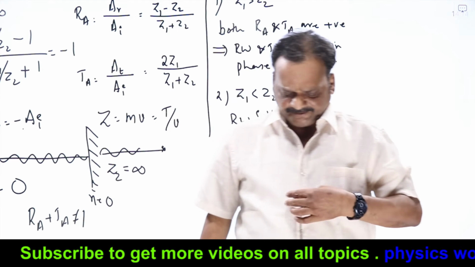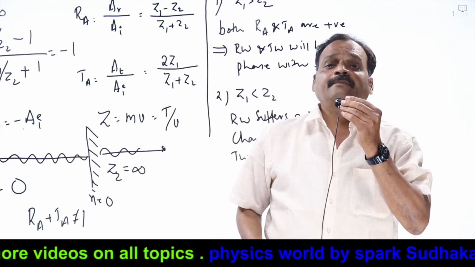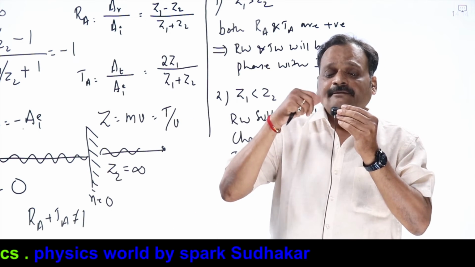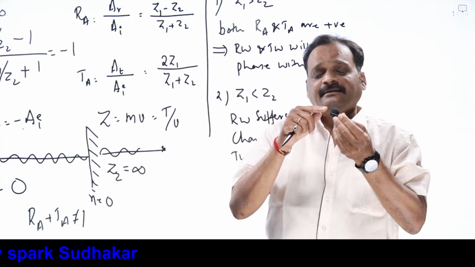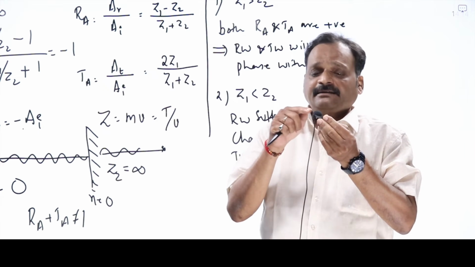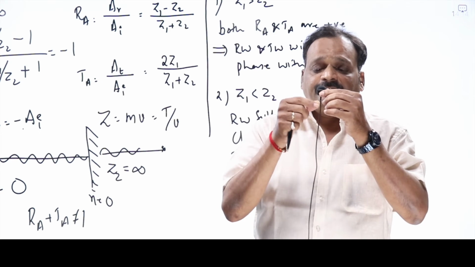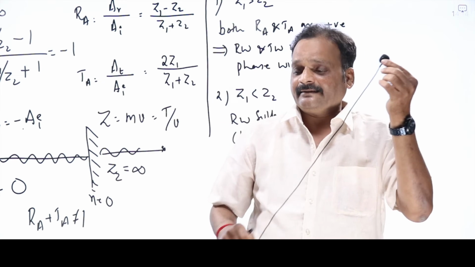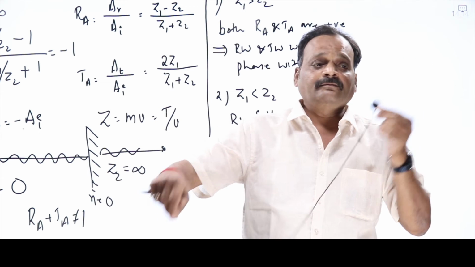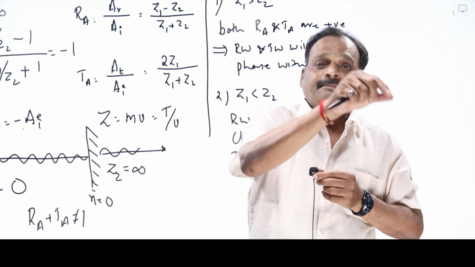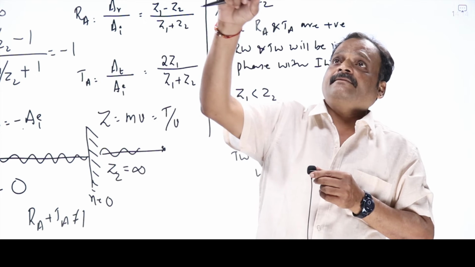Here also, I'm speaking into this microphone. Whatever my voice vibrations are, whether this is a capacitive microphone or a resistive microphone, it converts my audio signal into an electrical signal. That electrical signal goes through the wire to the amplifier. The amplifier amplifies that signal and feeds it to a speaker.